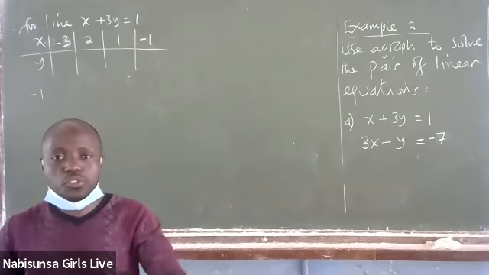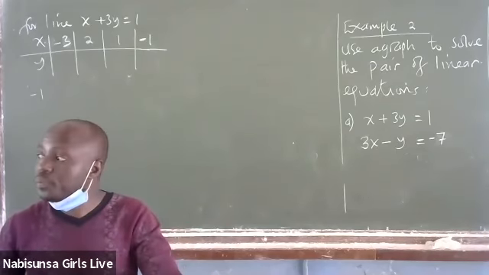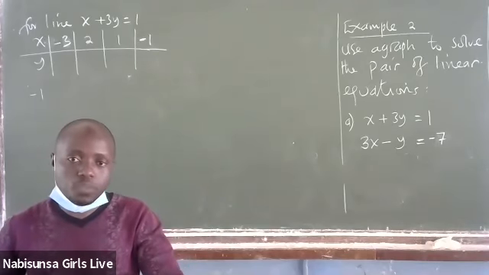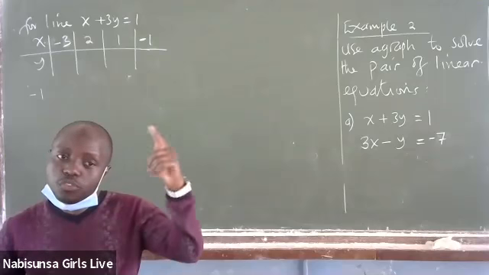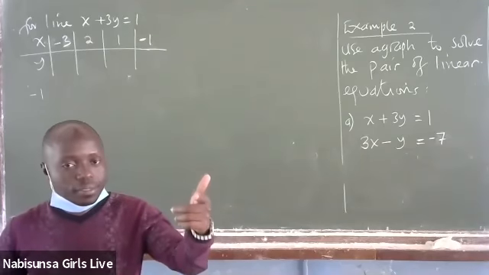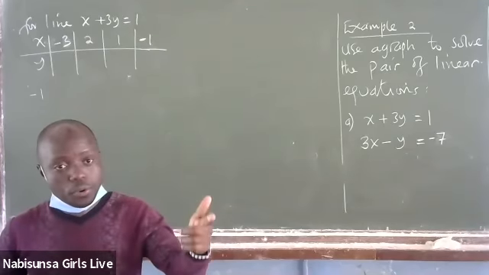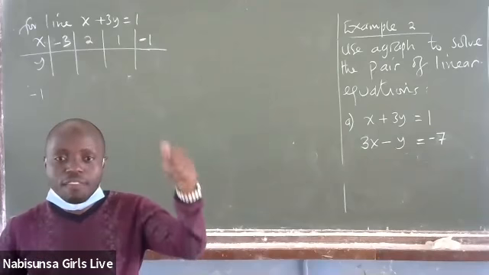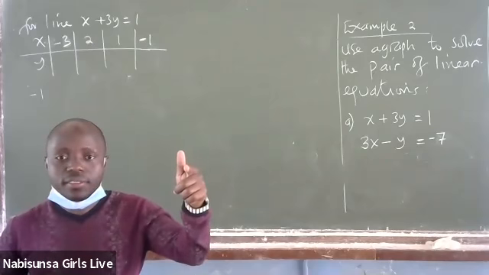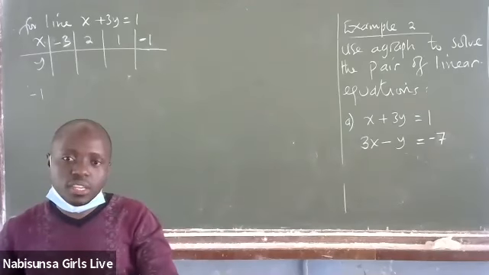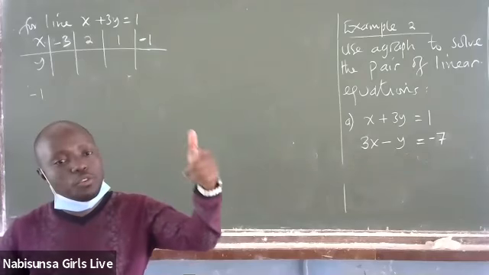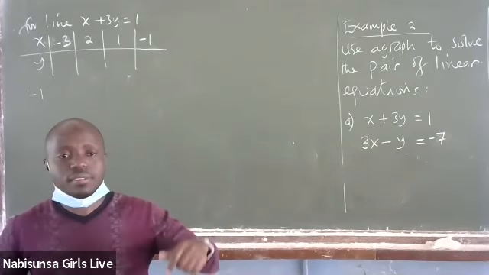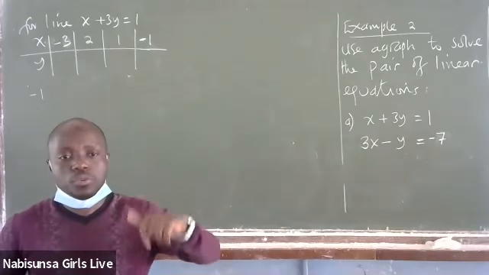Okay, now let me talk to you. All of you mute and I talk to you. That is a very good learning experience. It means as you're choosing your values of x, you have to be careful. You already have an idea of factors, multiples.